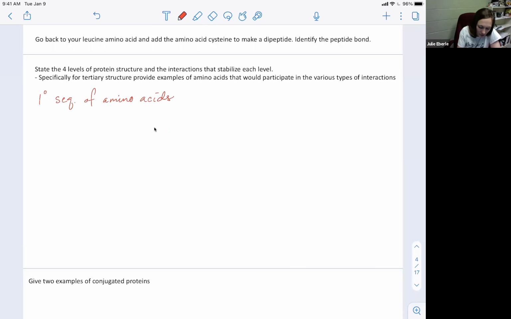Now I'm gonna call on somebody else to help me figure out what kind of interactions stabilize. Well, okay, we actually don't have stabilizing interactions here yet. It's when we get to the secondary level that we start to see some stability. So what is the next level called?